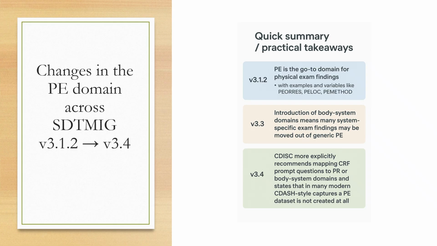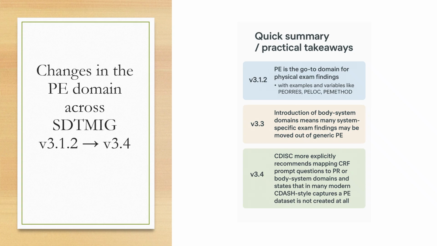Moving to version 3.2, the structure of the PE domain didn't really change, but the guide added more clarity on how to use it correctly. It explained better how to define the key variables and how to describe the exam results. Then came version 3.3, which introduced several body system specific domains like the cardiovascular, nervous, and ophthalmologic.